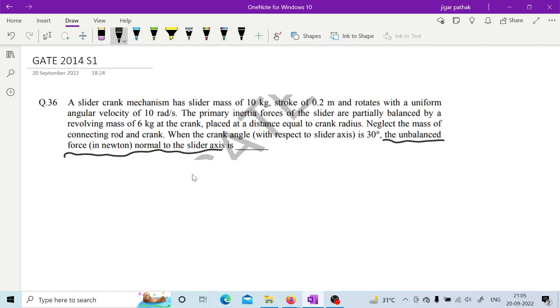Vertical direction? So what we have seen in vertical direction, what is the force? MR omega square sine theta. Yes or no? Yes, sir. So now we can calculate it, right? Then calculate it.